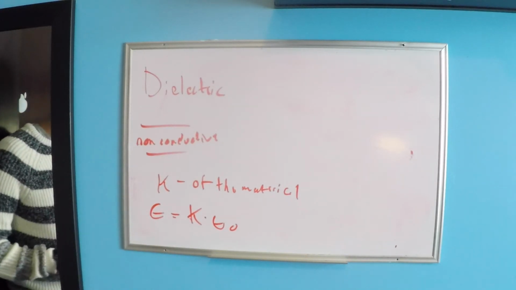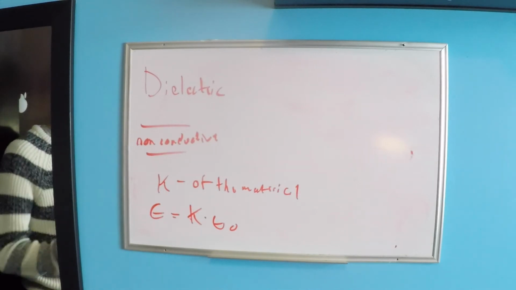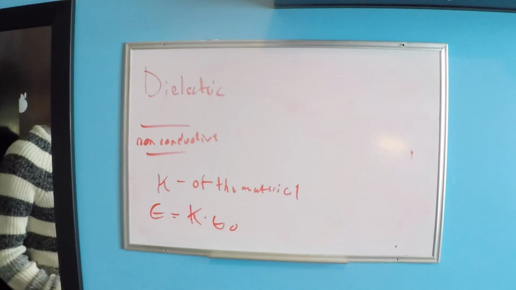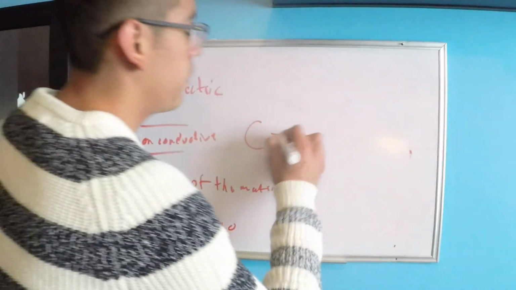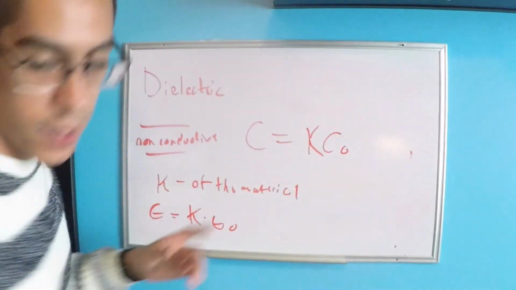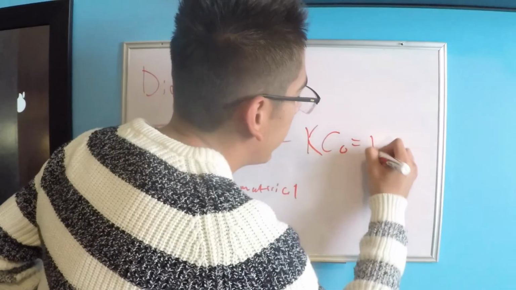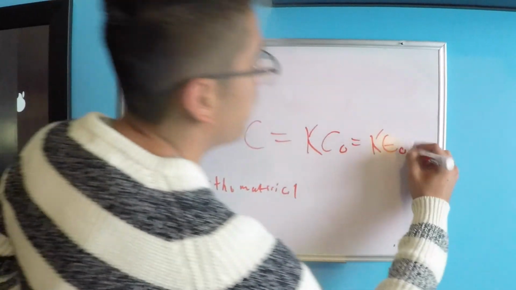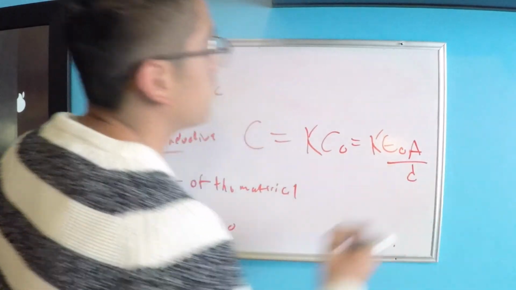What happens next is when we have a capacitor between two parallel plates with a dielectric, we have this example. Then we got the capacitance C0, and then we got K epsilon 0 times the area over the distance.